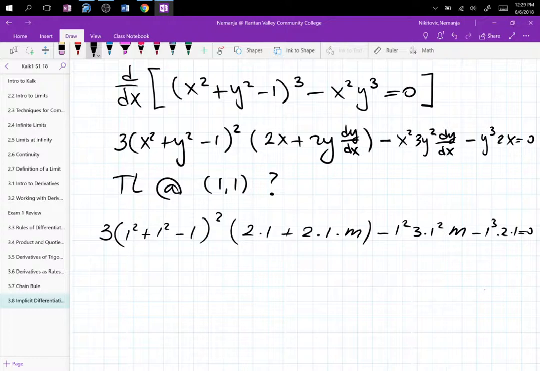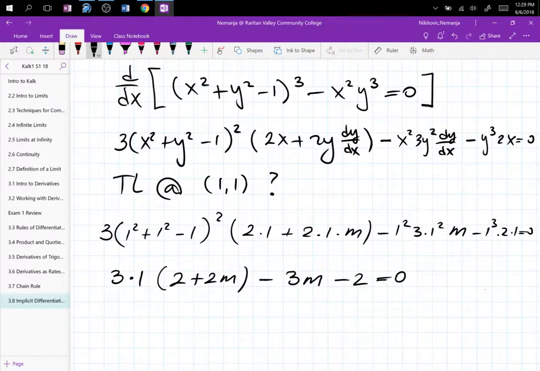Now we can simplify this. 1 plus 1 minus 1 is 1, so that's 3 times 1. Times, in parentheses over here, I have 2 plus 2m. Minus, this is 1 and 1, so 3m. And then minus 2 equal to 0.